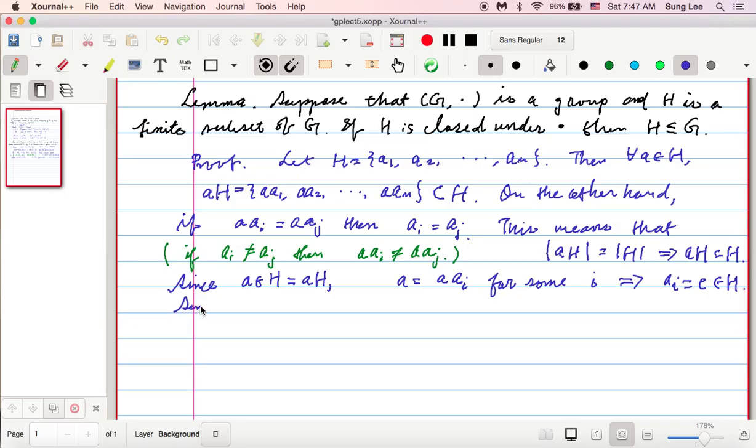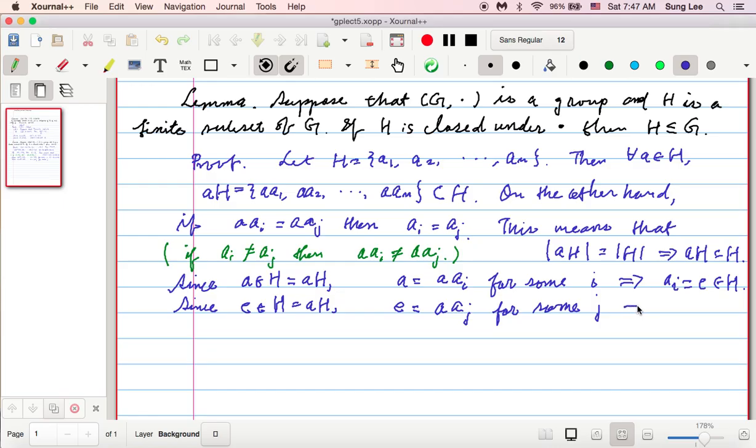Now, since we know the identity element is in H, which is the same as AH, this identity element can be written as A times some AJ, for some J. And so what does that mean?